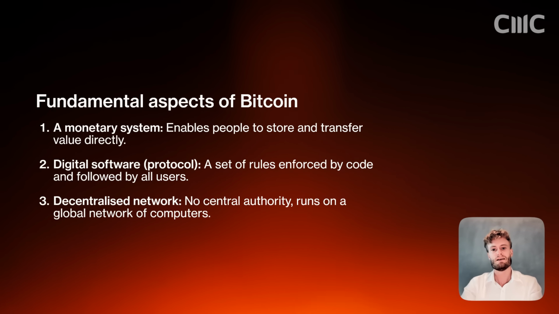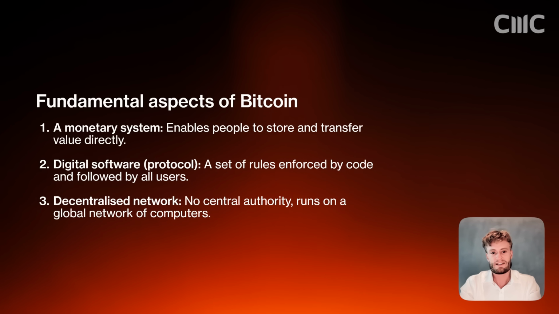The second theme is that Bitcoin is software. It is a code or a protocol. In other words, a set of rules enforced by technology that everyone using Bitcoin agrees to. And the third theme is that Bitcoin is decentralized. There is no intermediary or central authority like a bank or government controlling it. It runs on a network of computers distributed across the world.